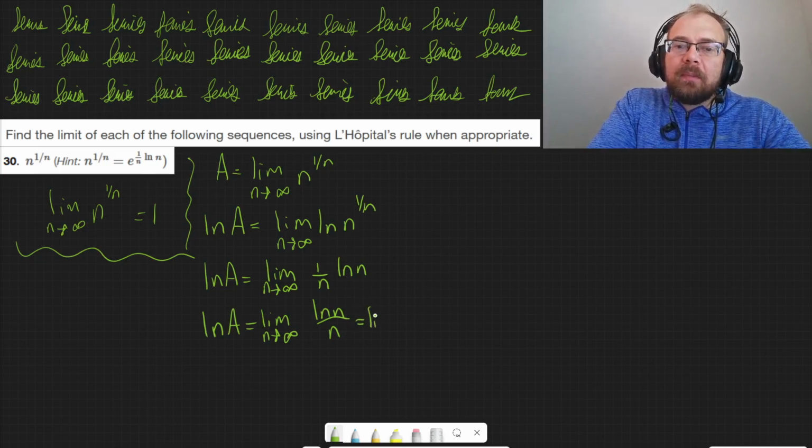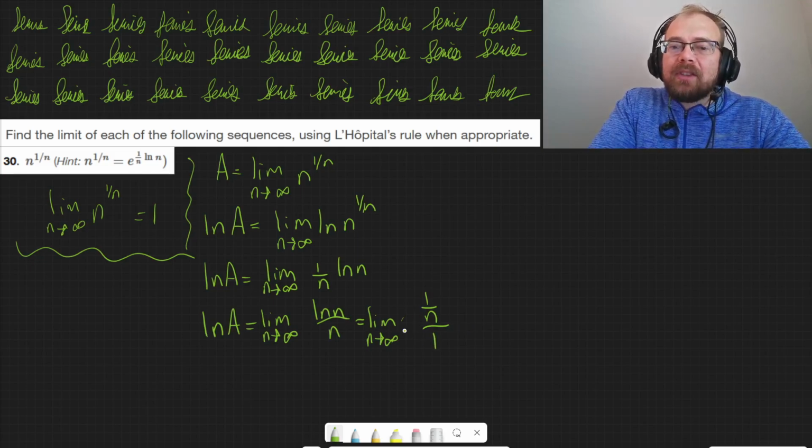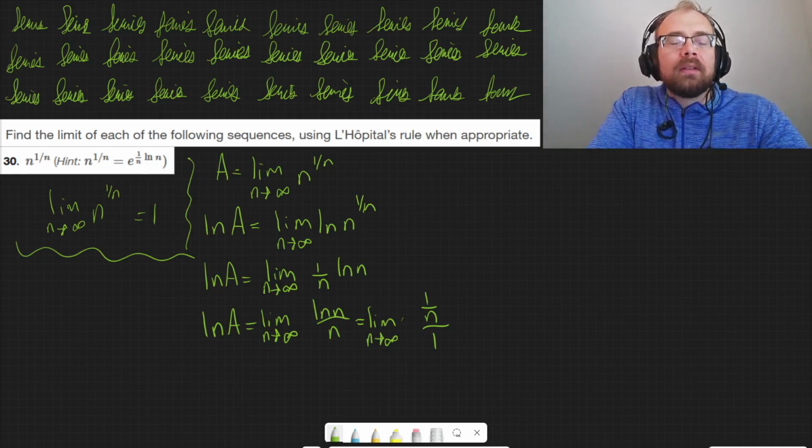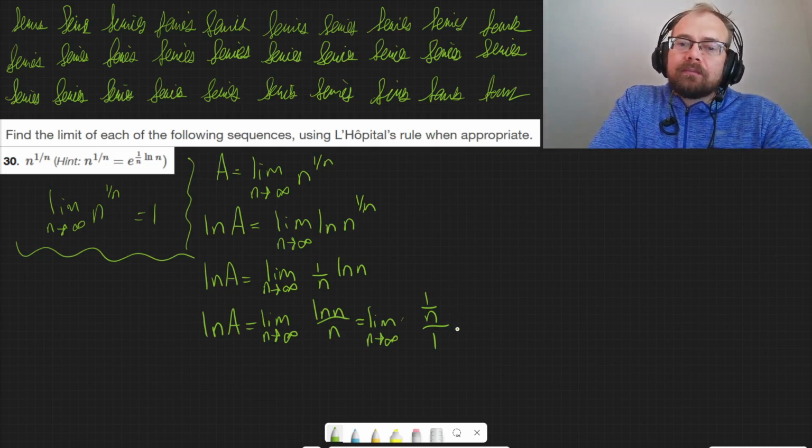So this would be equal to the limit as n goes to infinity of the derivative of ln n, which is 1 over n, over the derivative of n, which is 1. And that's just the limit as n goes to infinity of 1 over n, which is a known 0 limit. Any constant over an increasing sequence will go to 0. So that's going to be 0.